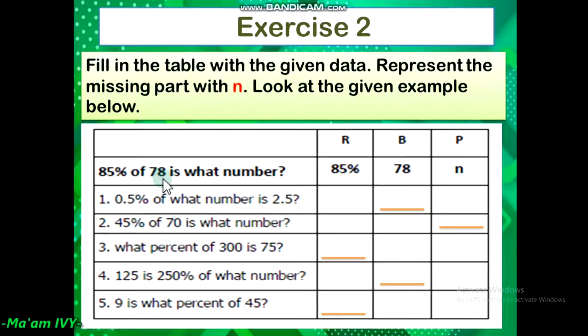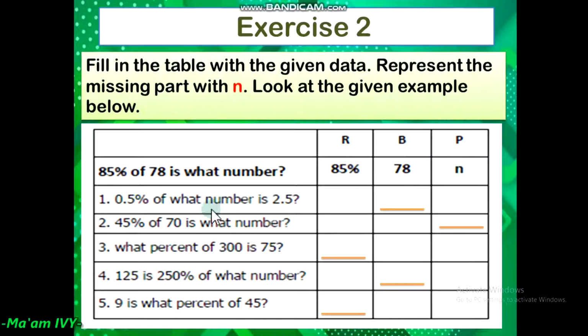You have the clue, the word "of"; 78 is our base. So we write 78 under the column of letter B, which is the base. And the missing data is the percentage. That is why we write the small letter N under letter P.